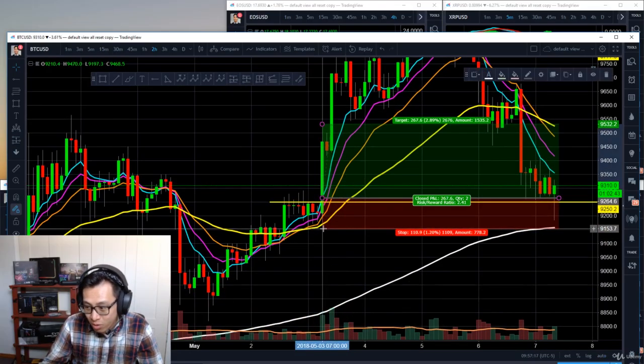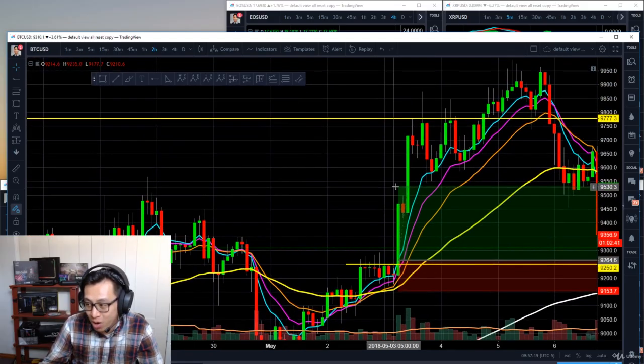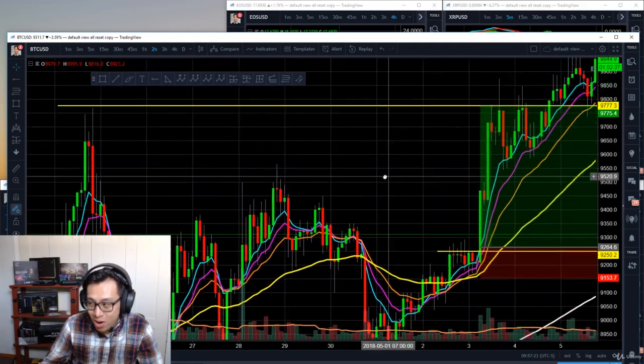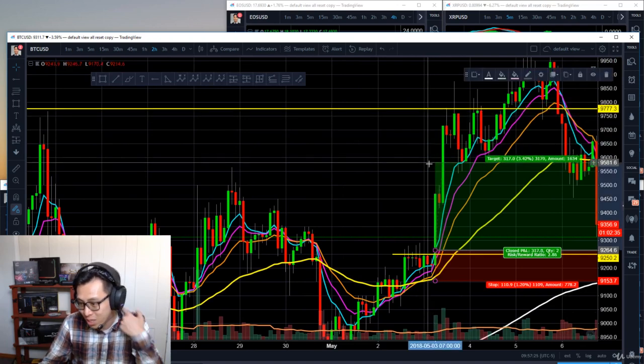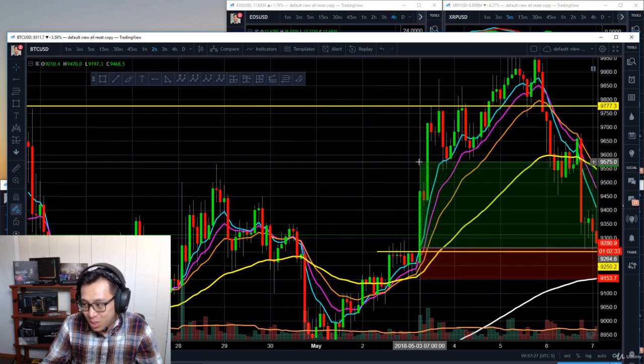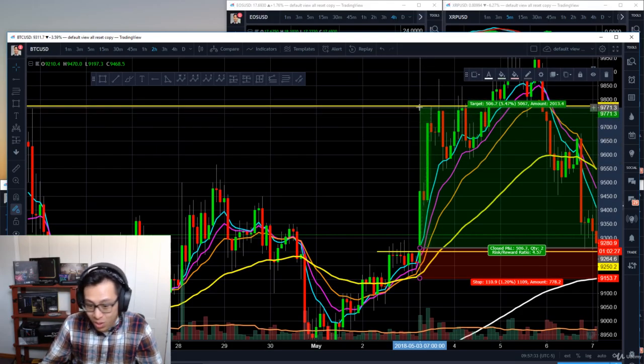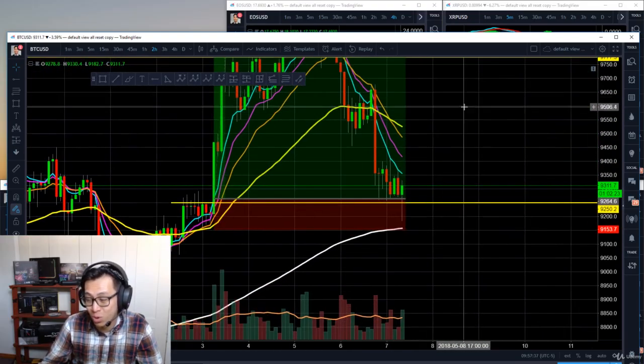Here, I would have set it right around there. I would have targeted the previous highs, even all the way back there, or I would have targeted right here as well. And you still get yourself a really nice 2.7 risk to reward ratio. And in this one, all the way up there, guys, we get a 5.54 risk to reward ratio.